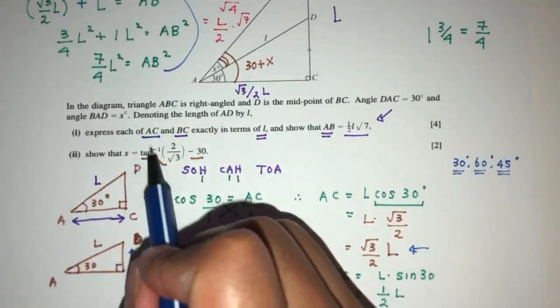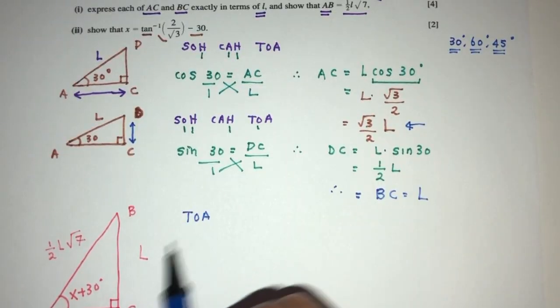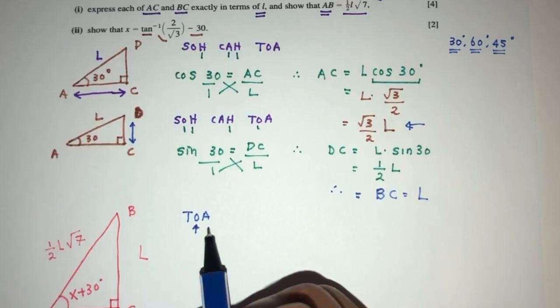Now, because we have to show that we have a tan, we understand tan is TOA, right? Tan is TOA. We need opposite side over adjacent side.